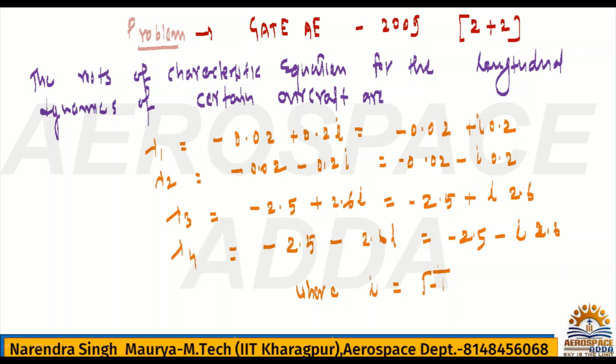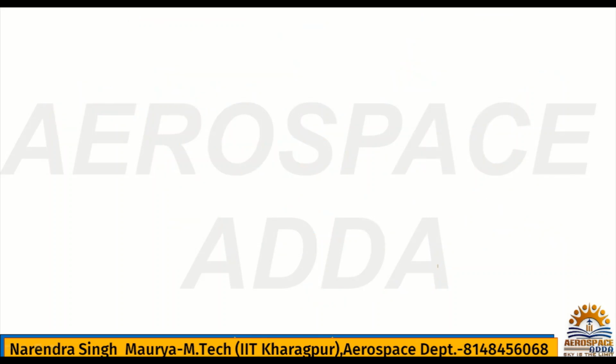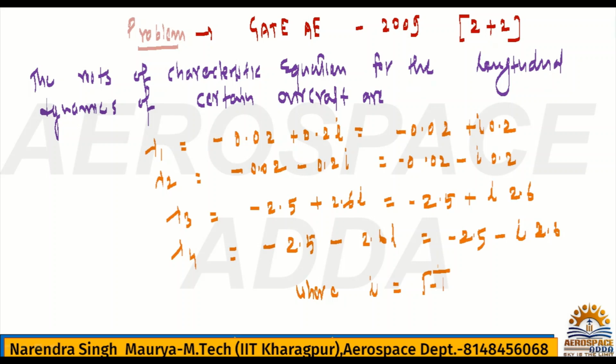Now just listen to the question. This is the statement, and 2 plus 2 means two questions will be asked, each containing 2 marks.